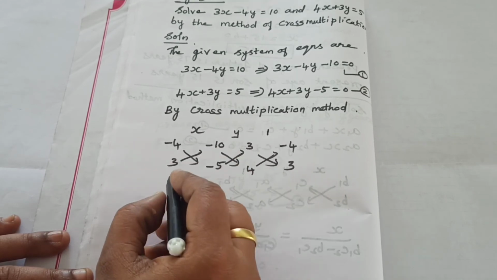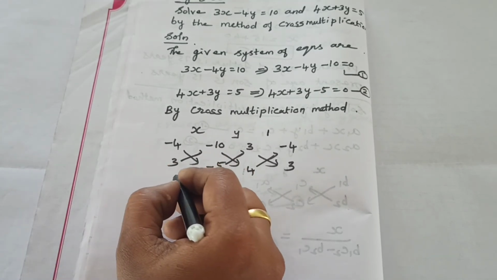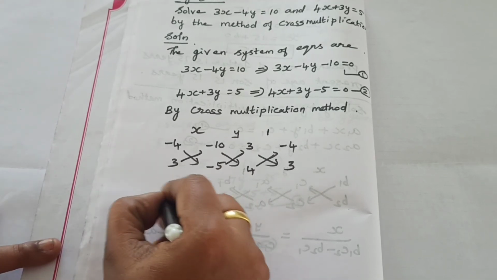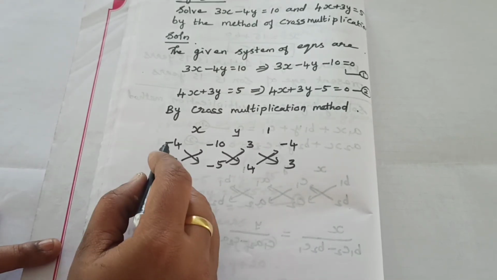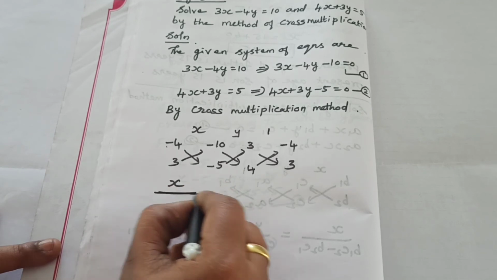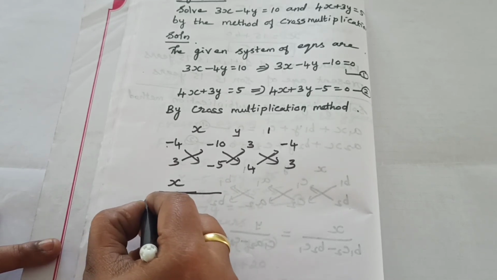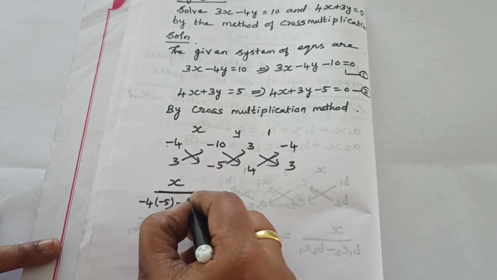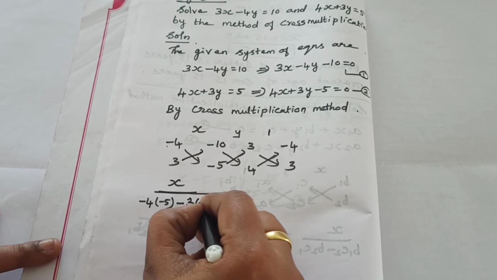Correct? Therefore x divided by, same method as I already explained: minus 4 into minus 5, minus 3 into minus 10.